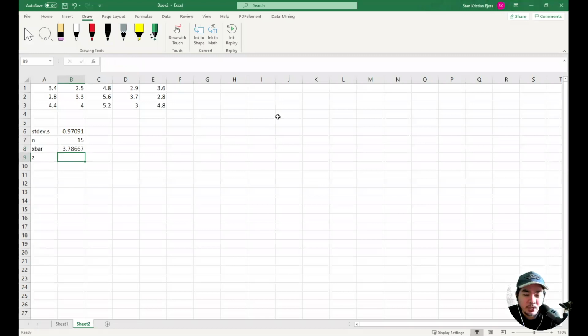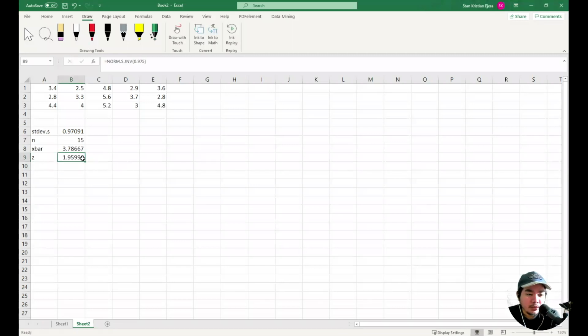So that's the case, then we do norm.s.inv ng 97.5 yung gagamitin natin. Okay? Sorry, this is in terms of fraction. So 0.975 yung iaano natin.